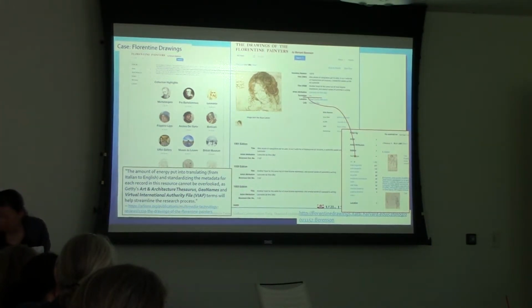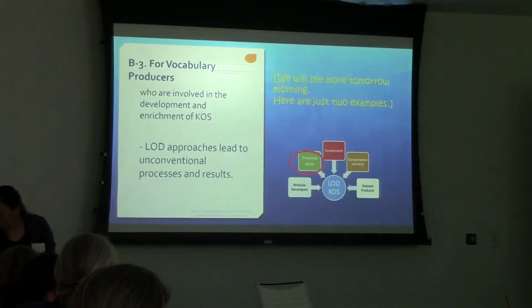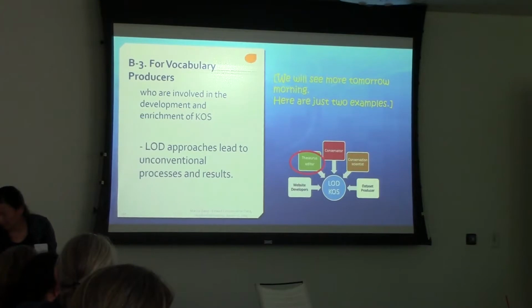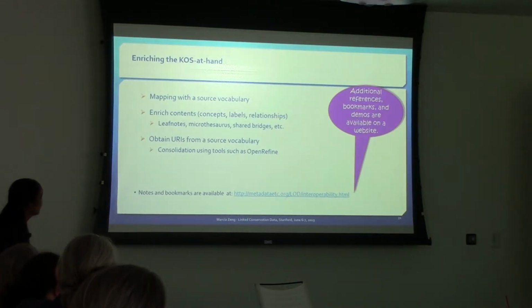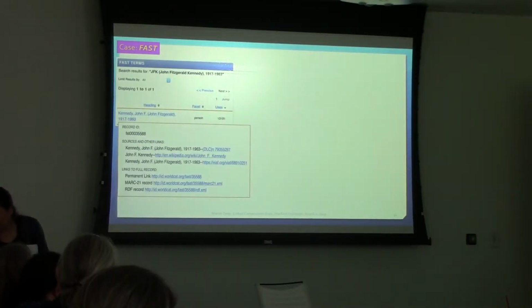So for web developers, it's also a useful way to do it. For us, the vocabulary producers, there are a few things that I want to show, but tomorrow we will also see more examples, and I have made a web page that you can click to find out. But I just bring a few examples.